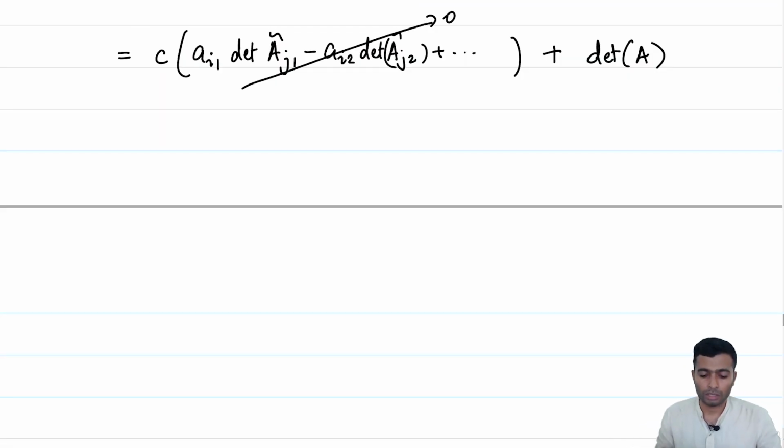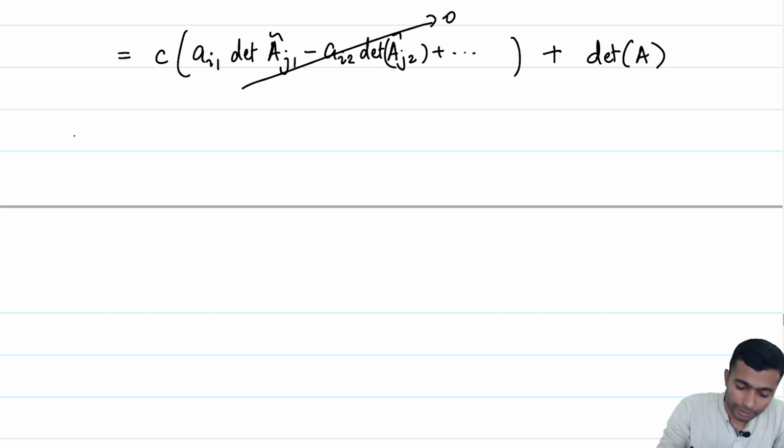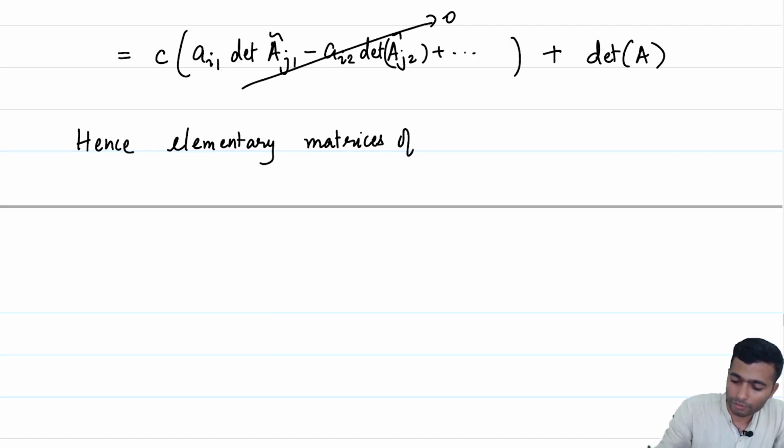So, this has a deep implication on elementary matrices of type 3. Hence, elementary matrices of type 3 have determinant 1.